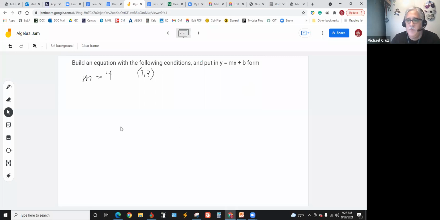All right, so what we need to do the equation is this little guy, what they call the point slope form. Anytime you want to build an equation, this is what you use.